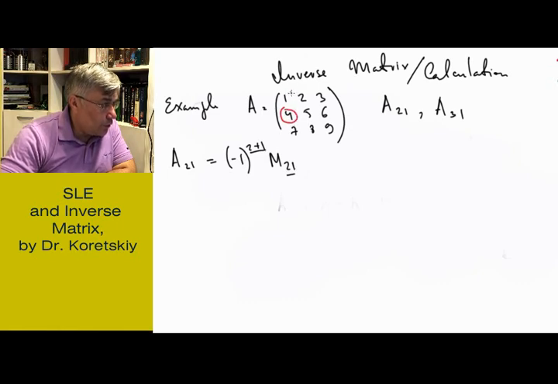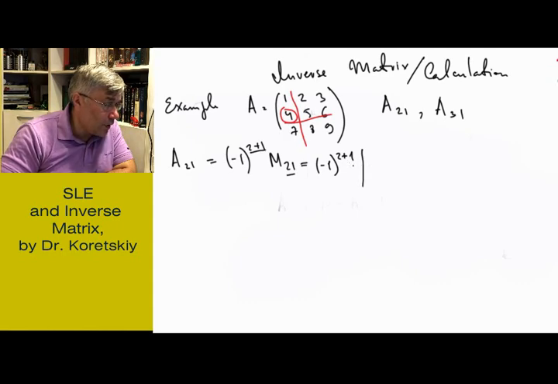I have to reduce our given matrix by the first column and the second row, and it gives to me minus 1 raised to power 2 plus 1 times the remaining part of the matrix, it is 2, 3, 8, 9.